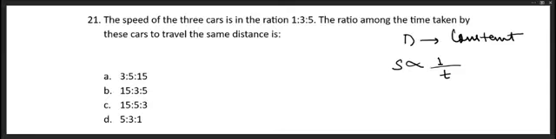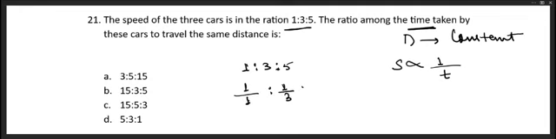We have to find the ratio of time taken by the cars. The ratio of speed is 1:3:5, so the ratio of time will be 1/1 : 1/3 : 1/5.